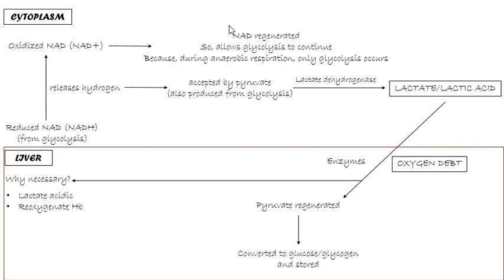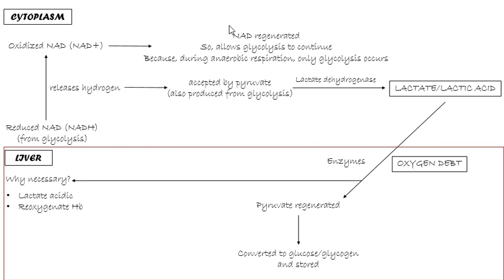Now, during aerobic respiration, for example, you could produce ATP in many ways, such as glycolysis or the Krebs cycle or even oxidative phosphorylation. But in anaerobic respiration, the only way of producing ATP is glycolysis. So you need to ensure that glycolysis keeps on continuing, and as a result of that, NAD needs to be regenerated.